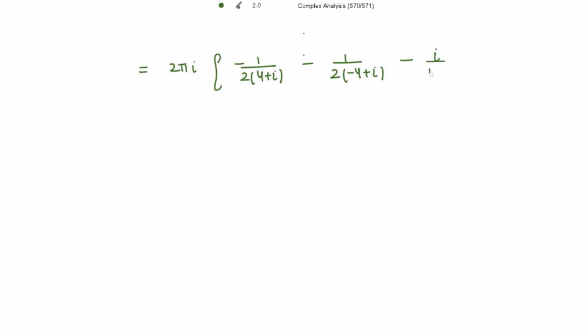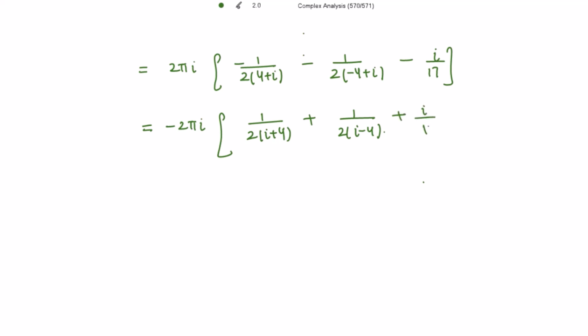Let's take negative outside completely. So we have 1 by 2 into 4 plus iota plus 1 by 2 into iota minus 4. Let me write this as iota plus 4, plus iota divided by 17.